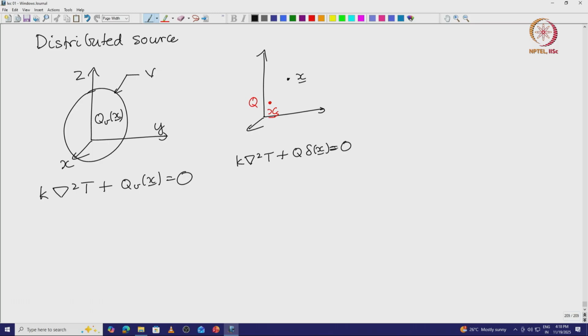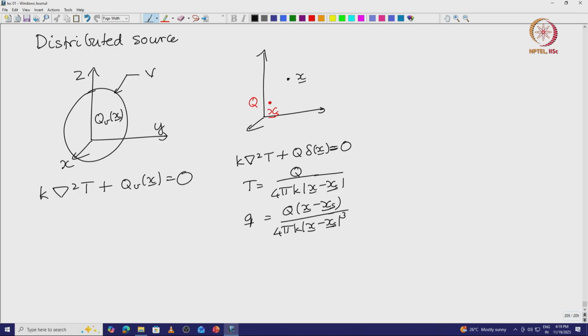The solution is T is equal to q by 4 pi k into modulus of x minus x s, and the heat flux was equal to q into x minus x s by 4 pi k into modulus of x minus x s, the whole cubed. Okay, these were the temperature and the heat flux.